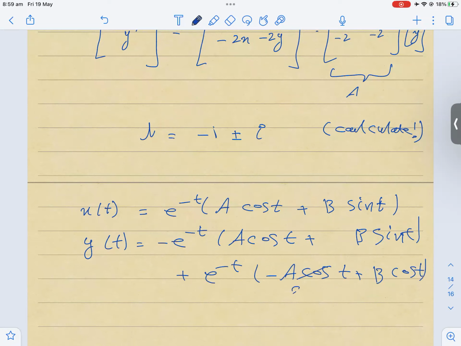The first one should be sine. Thank you very much. I will complete just one line and I will send the PDF to you. You say stable? It's a stable spiral. Yeah, because the eigenvalues are complex and have negative real parts. All right. Okay.